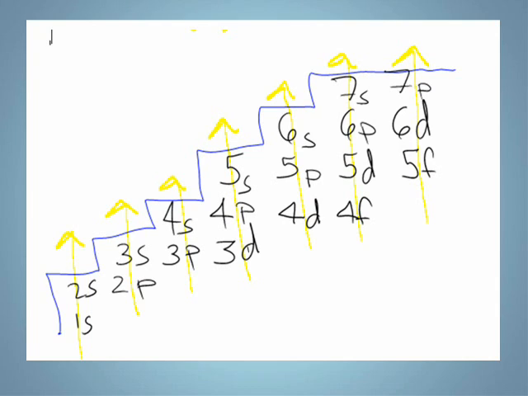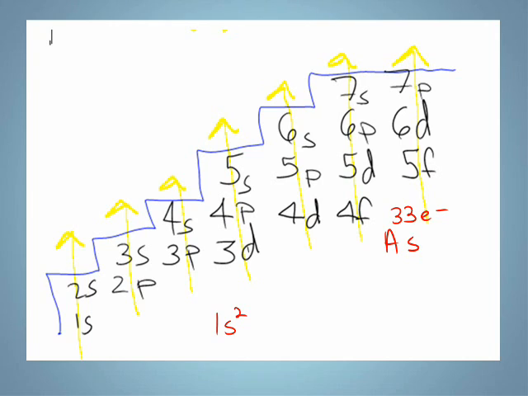So let's look at a more complicated one. How about arsenic? As, so that has 33 electrons. Okay, so we start at 1s, 1s2.